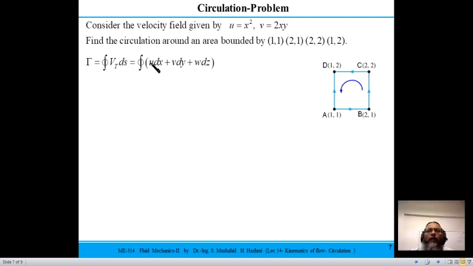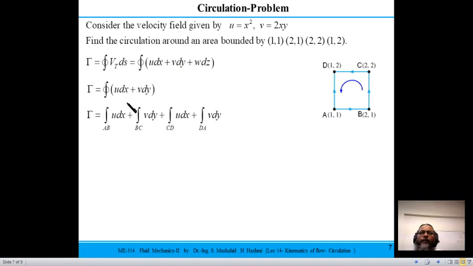And since velocity could in general have components u, v, and w, these differential lengths would be dx, dy, and dz. So forget about the z component because it's a two-dimensional problem. What you need to do is take the closed contour and calculate this integral.